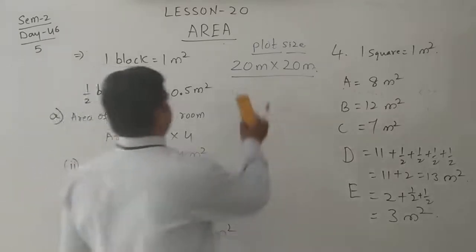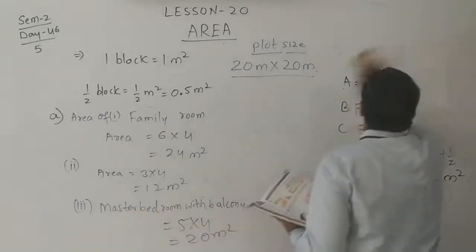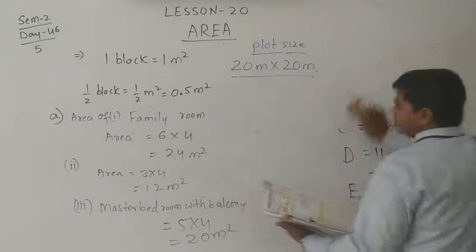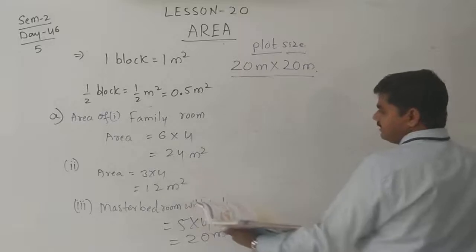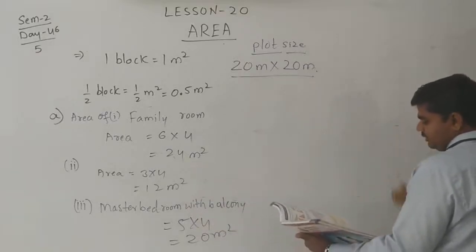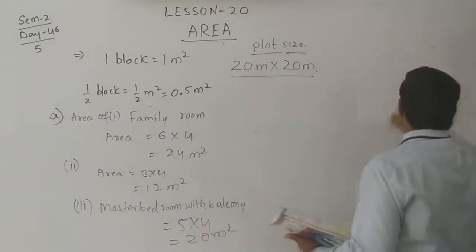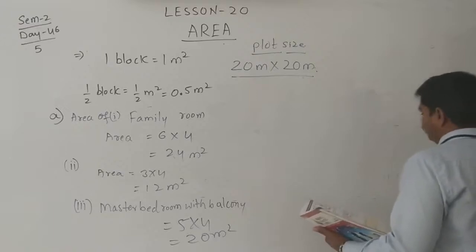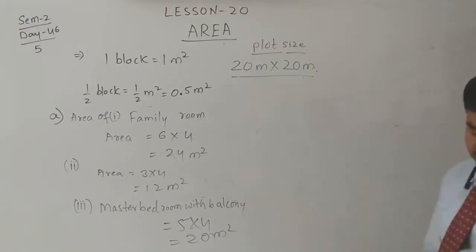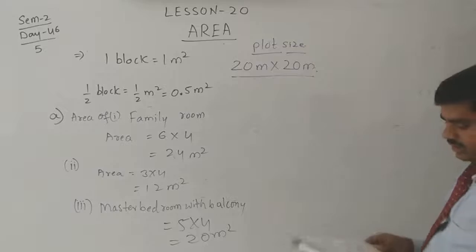B question I will solve. Question B. Again there are 3 more questions, up to 7, that we can find: the area of both the bathrooms together, storeroom, kitchen, passage.